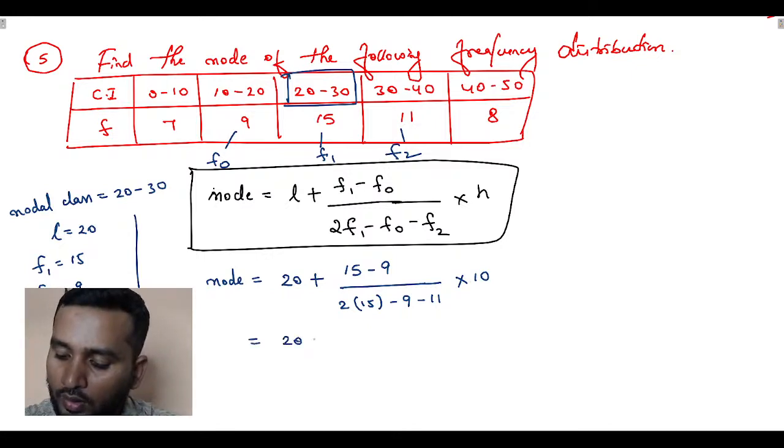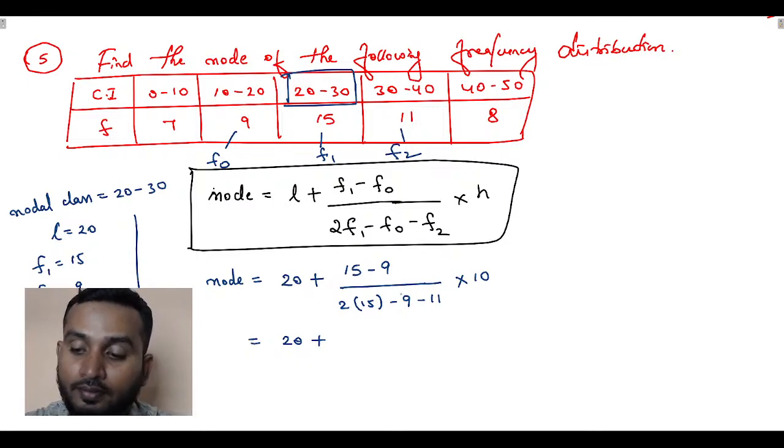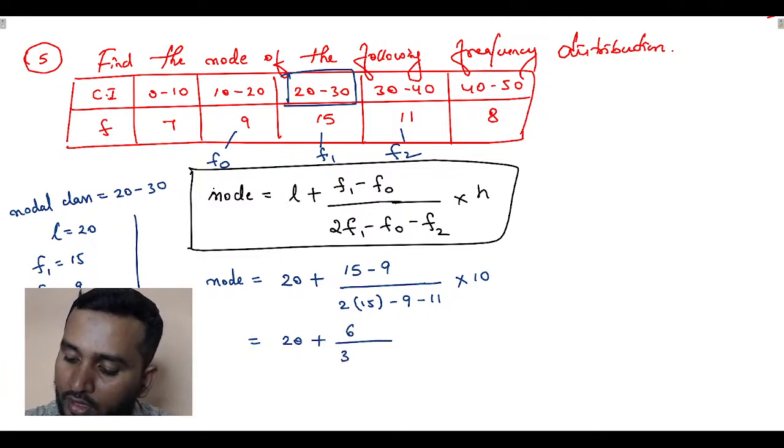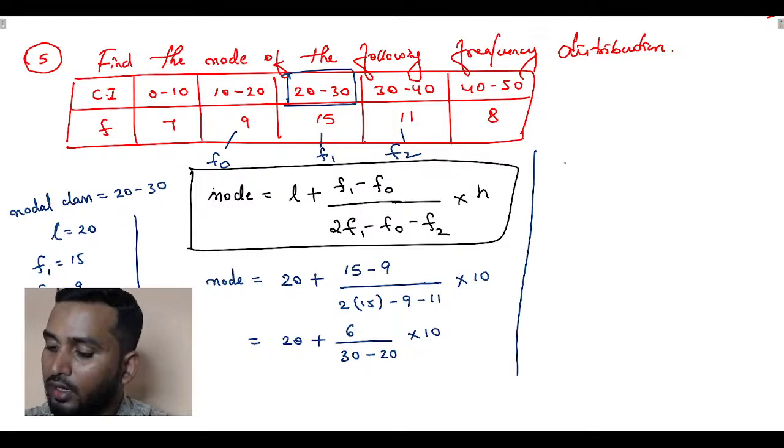Then 20 plus 15 minus 9. What is the value of 15 minus 9? How much? 6 by, 2 fifteens are 30, minus 9 minus 11 is 10, into 10. So let me write here the rest of the values.